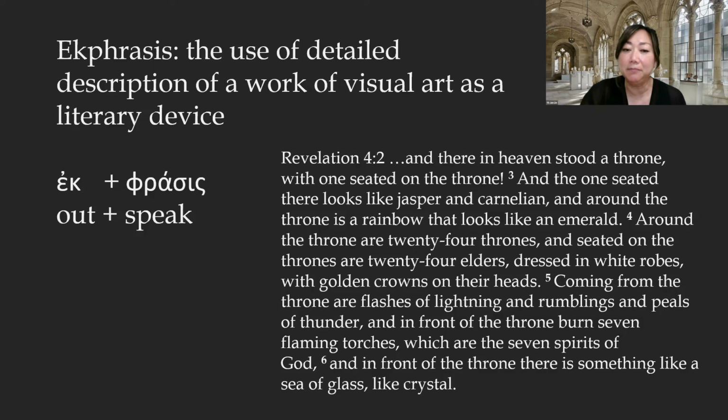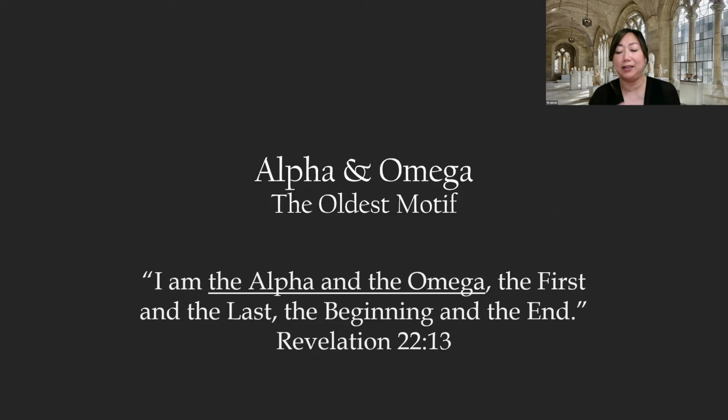This didn't begin immediately. So what we have at the oldest visual representation of Revelation really comes with a motif. Symbol that comes from that is the Alpha and the Omega, said 3 times in the book, the last time in Revelation chapter 22, in which Jesus, the Son of Man, Christ, says, I am the Alpha and the Omega, the first and the last, the beginning and the end.